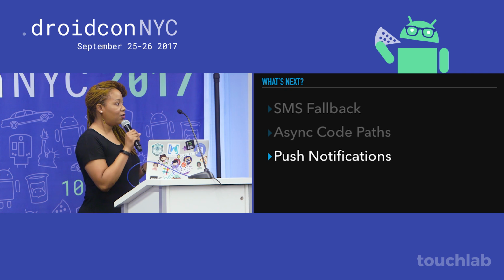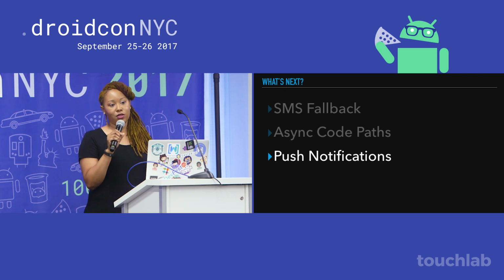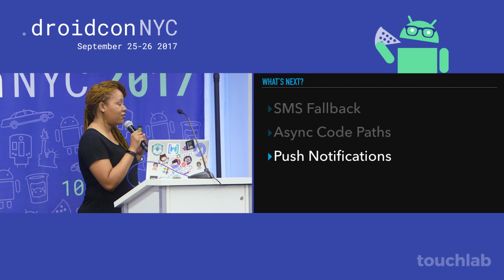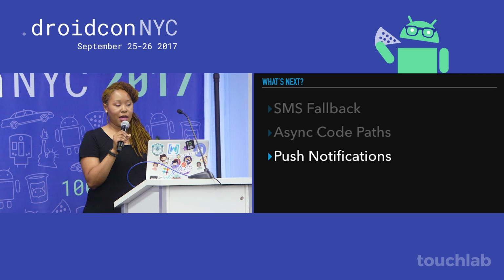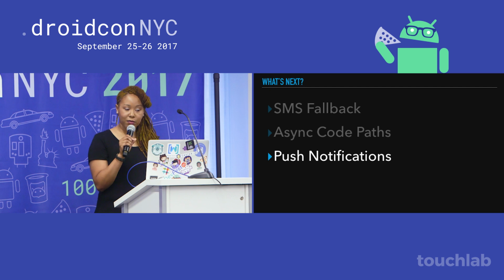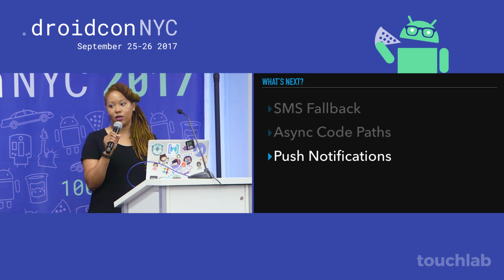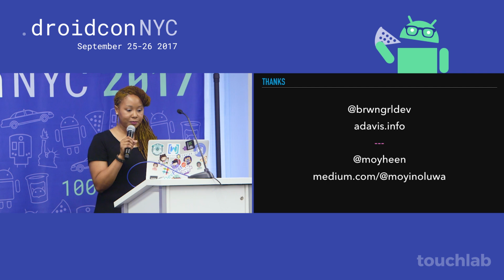And then finally, we've been working on adding push notifications to our app in order to let our users always be aware of what's going on, as well as to get changes immediately that a particular user may be interested in. So we're extremely happy with what we have, but we know that we can do better, and we're excited for what lies ahead.